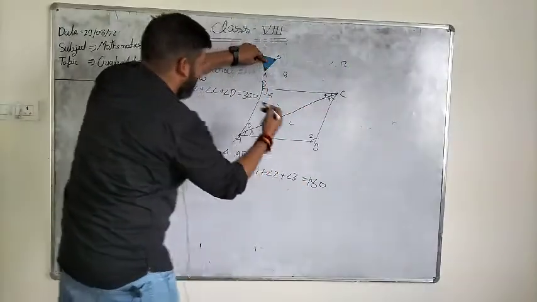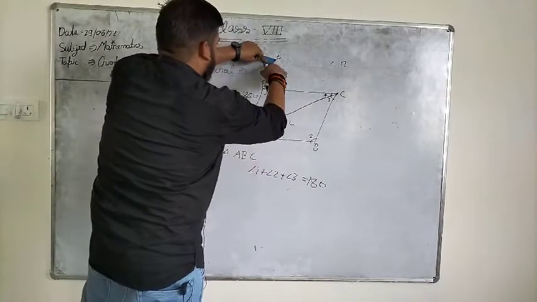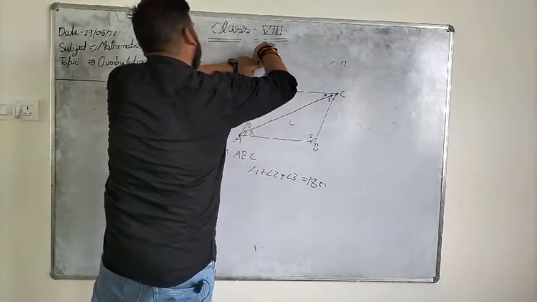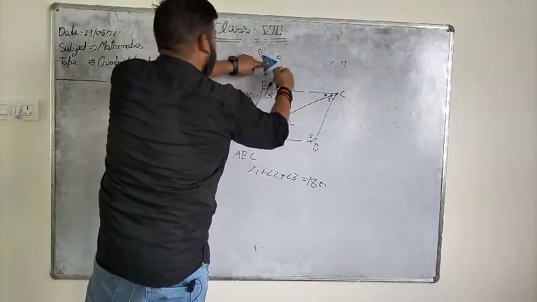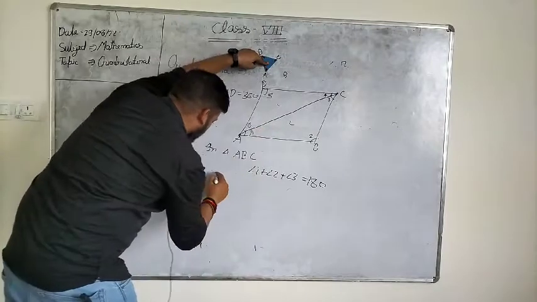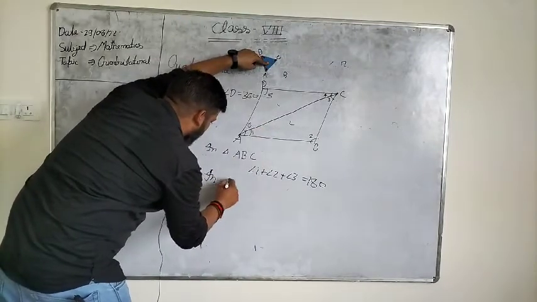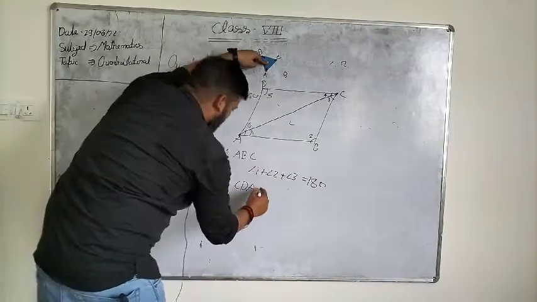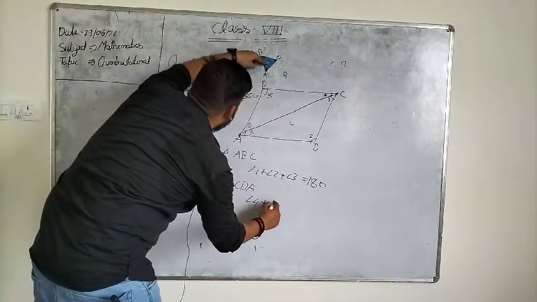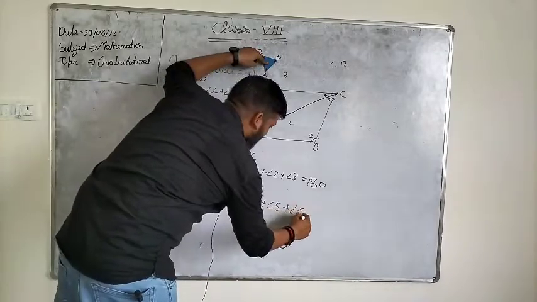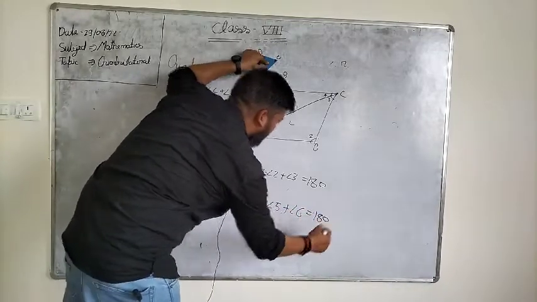And after that, in the second triangle, CDA, angle 4 plus angle 5 plus angle 6 is also equal to 180 degrees.